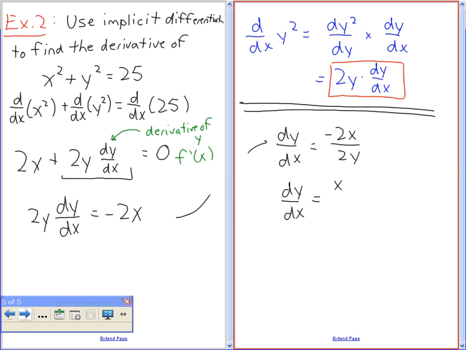And that makes sense when you think of a circle. The slope of a circle is going to be affected by both the x and the y values. It isn't just going to be based on what the x value is; it's going to be based on both the x and the y values.